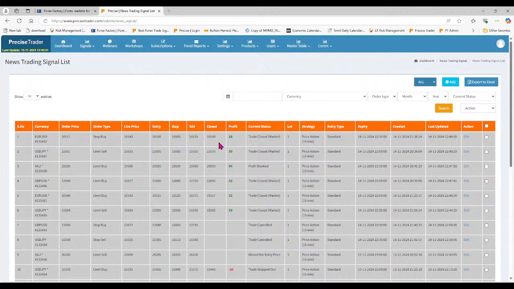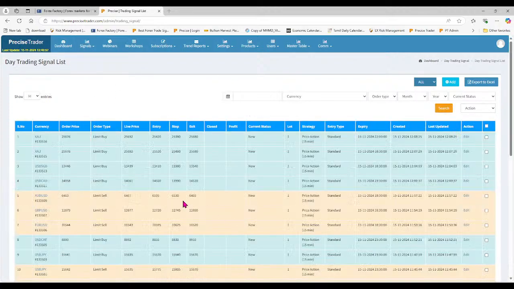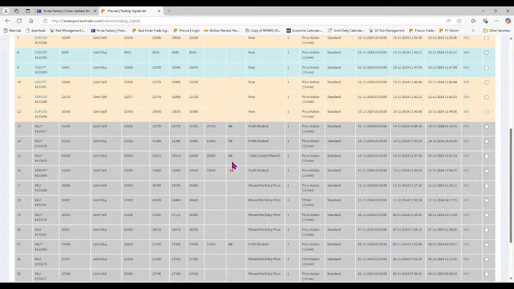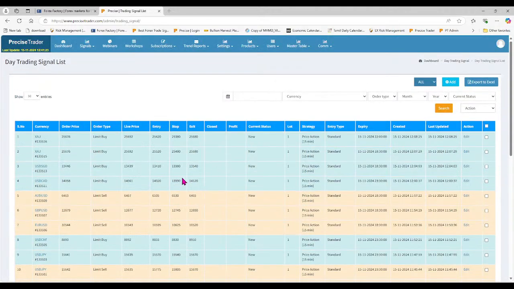In fact, yesterday we did more than 3 to 4%, if I'm not mistaken, and on the day trading we managed to grab about 1.7%. So yesterday was really a good day, and we are planning to continue like this, if of course you are following us regularly and you can understand, then it will be good for every one of us.